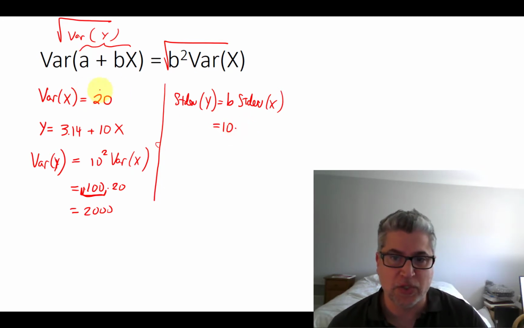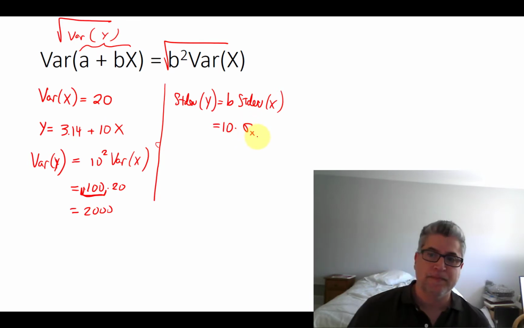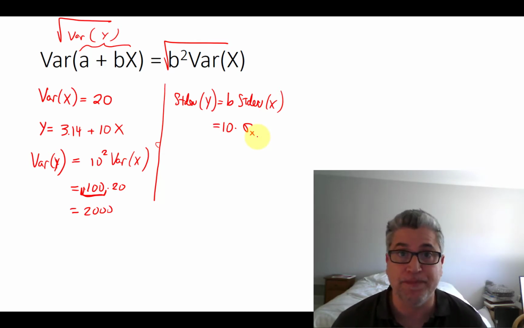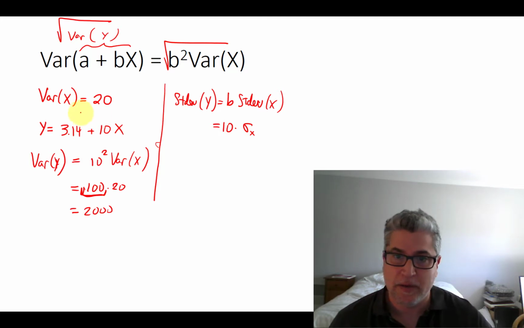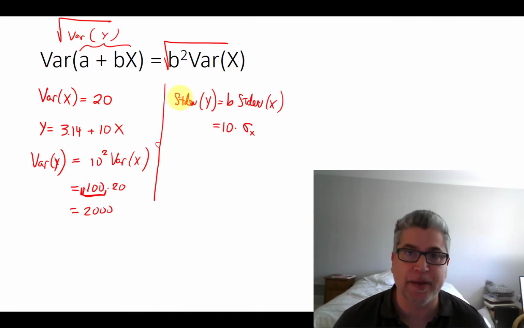So we take the square root here of 20, whatever that is. Okay, so that's just another reason why it's sometimes easier to think in terms of standard deviation, because the standard deviation reacts proportionately to how much you multiplied your original variable by.